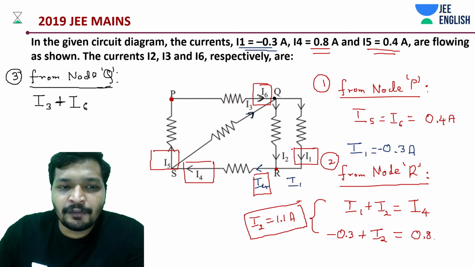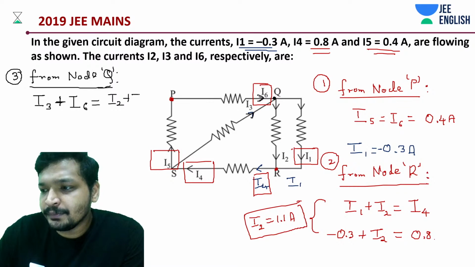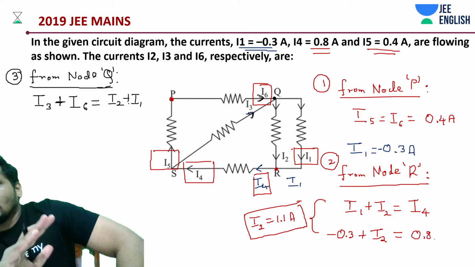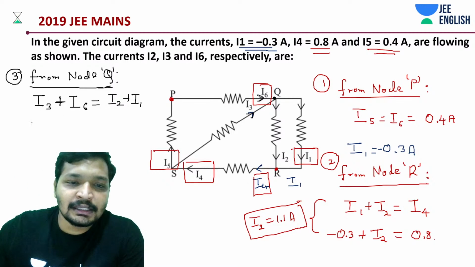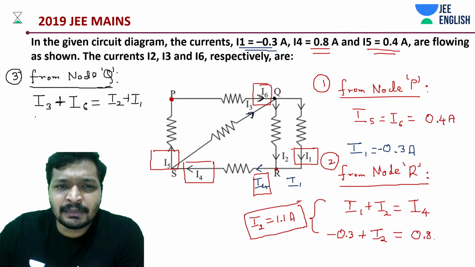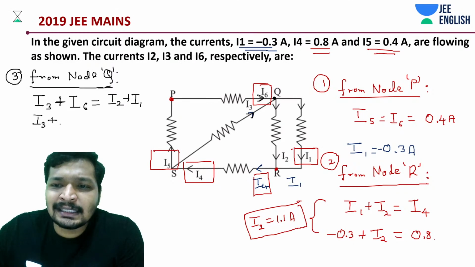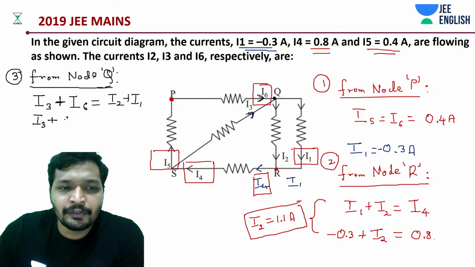I3 plus I6 is equal to I2 plus I1. Okay, now what I'm going to say is just use the signs as it is. Whatever the sign you have, just use them as it is. I3 we don't know. I3 is something that we have to find out. I6 is entering the node and the value of I6 is something that we just found out, I guess 0.4.